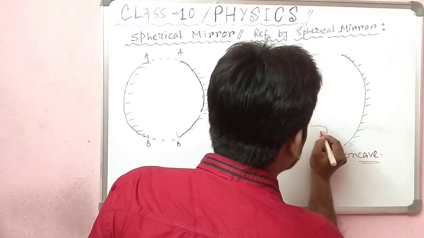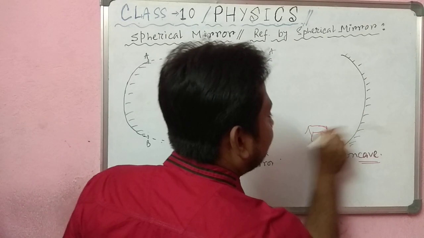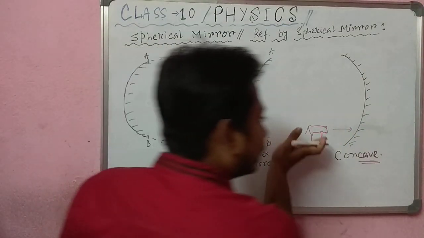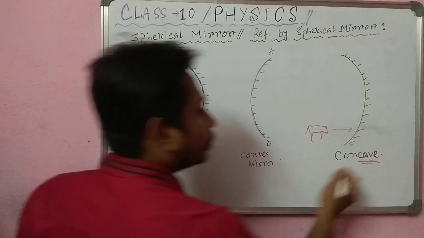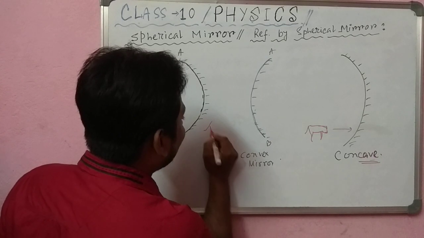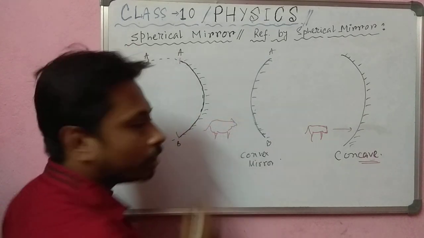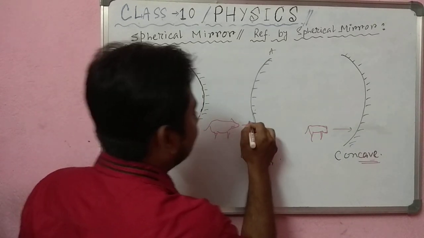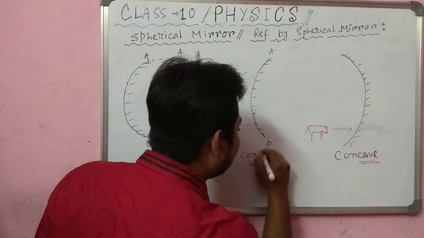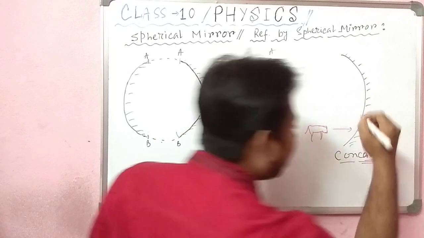Suppose a tiger can get into this because of the cave-like structure. So that is why it is called concave. But in this case, if the tiger wants to get in, he cannot do so because there is an obstruction. So this type of mirror is called convex, and this type of mirror is called concave.